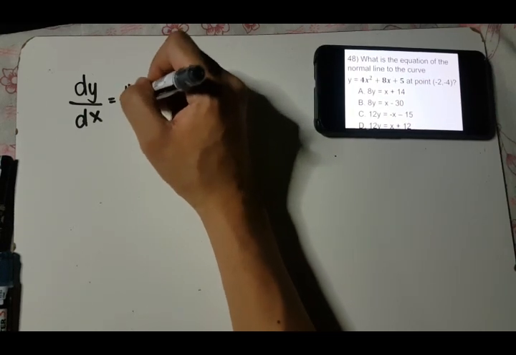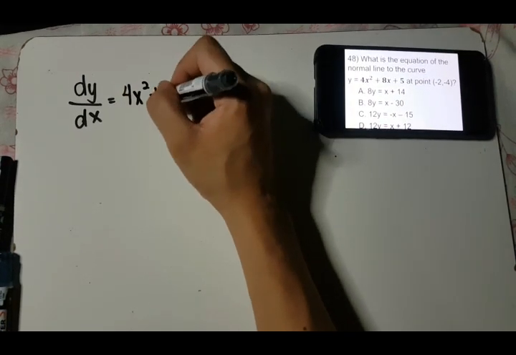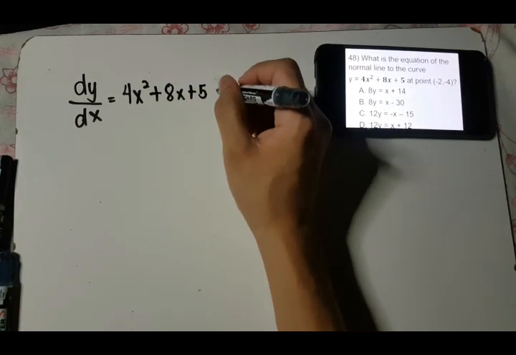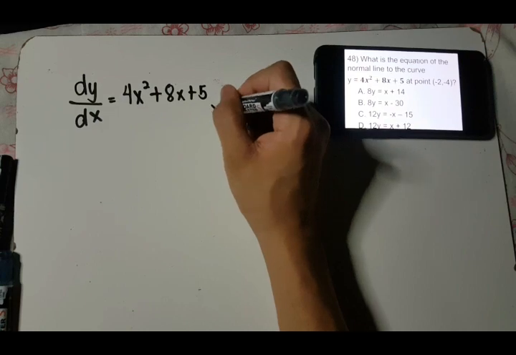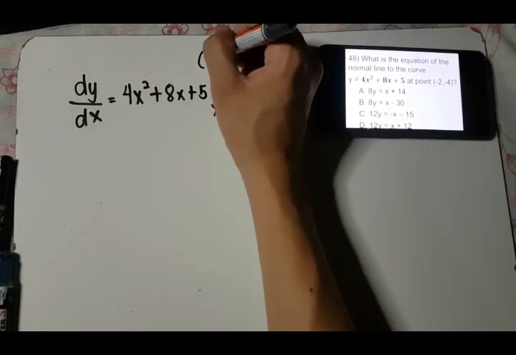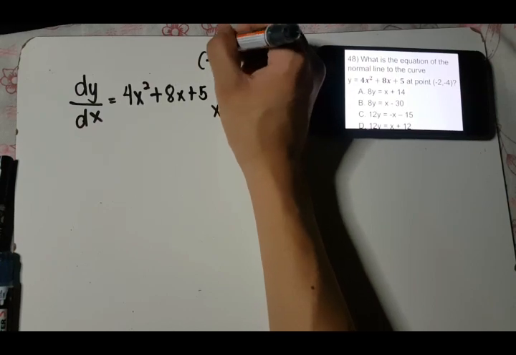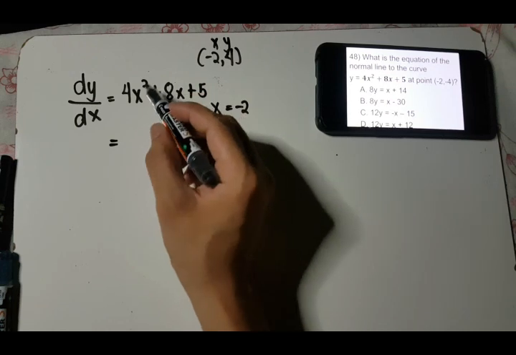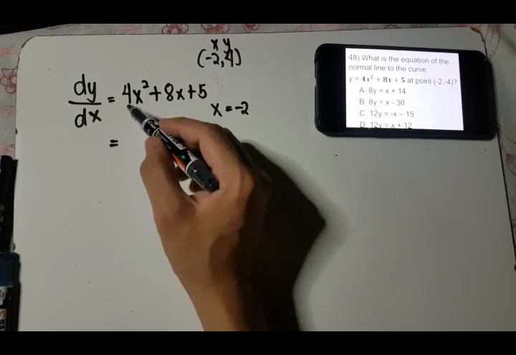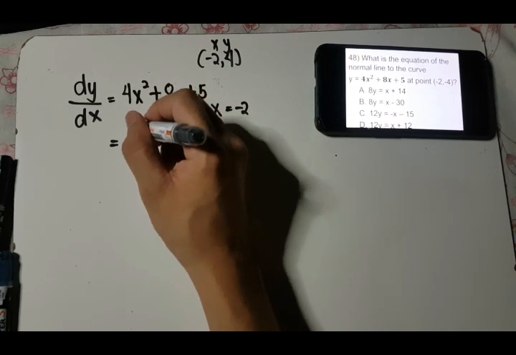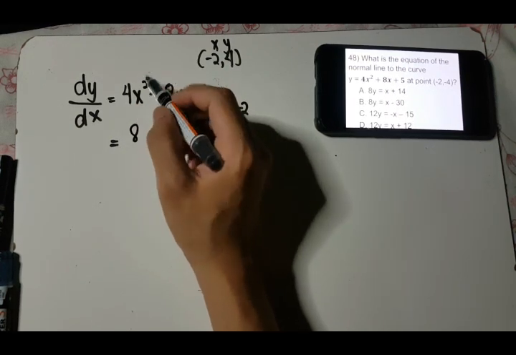So, 4x squared plus 8x plus 5. Ang gamitin nating value ni x is negative 2 based din sa given. To get the derivatives, just multiply the exponent to the numerical coefficient. So, 2 times 4, that is 8, then minus 1 yung exponent.